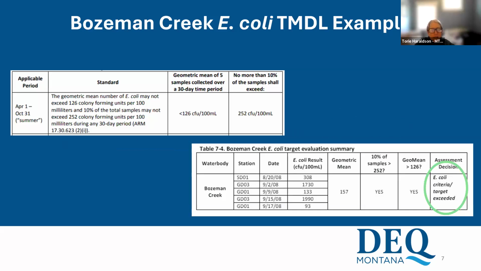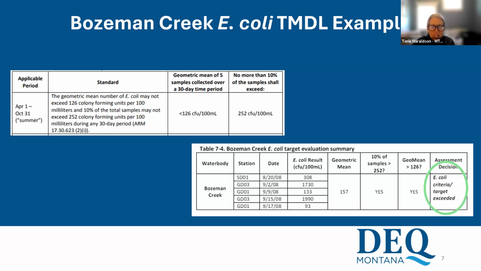So following along with that general process that was a couple slides back, 2008 data was used to quantify the current water quality conditions and confirm sort of that they still support that decision that Bozeman Creek was impaired. And I won't take a deep dive into it, but with E. coli, the total maximum daily load is flow dependent and based on achieving the standard, which is concentration based.